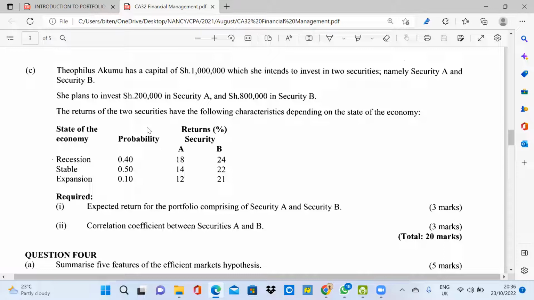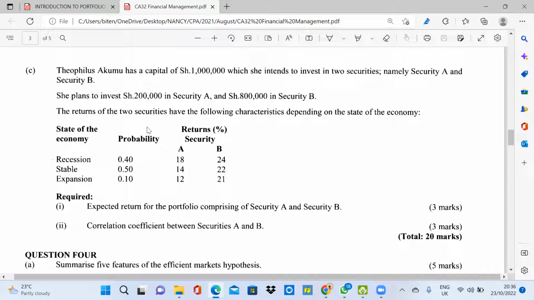The return of the two securities have the following characteristics depending on the state of the economy. We have state of the economy: recession, stable, and expansion. The probability, we have 40, 50, and 10. Then we have returns of security A and B. You are required to get the expected return of portfolio comprising of security A and security B.